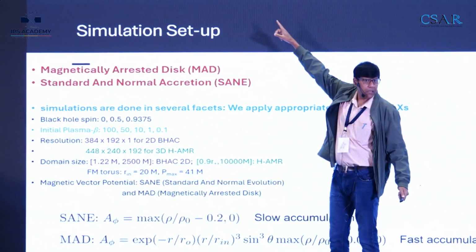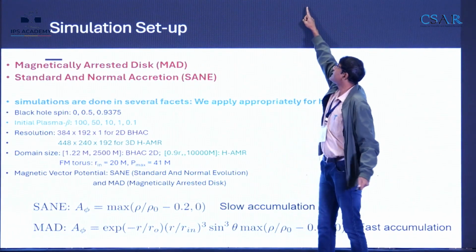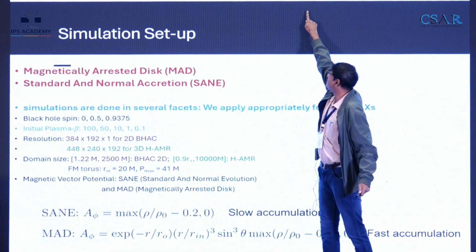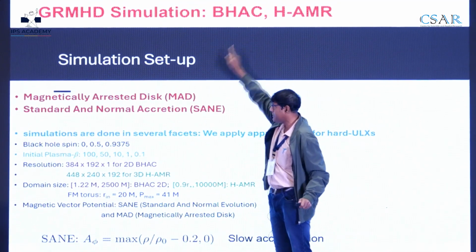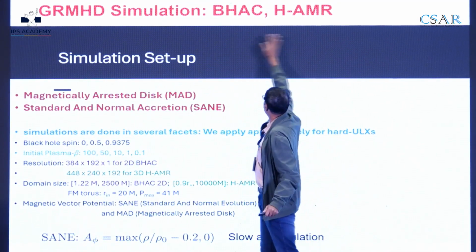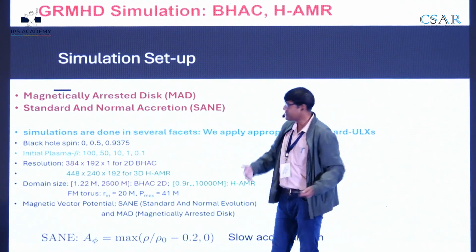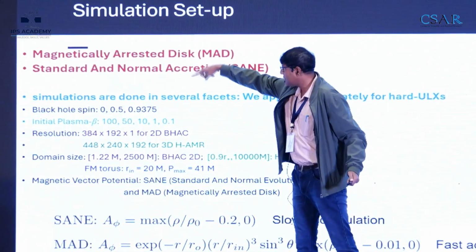Two simulation codes I consider. One is the black hole accretion code, BHAC, another is HARMPI or HAMR. This is primarily 3D and this is primarily 2D for the present purpose. This also has a 3D version. And with both the codes, I am verifying my theory and observational understanding. And two further classifications.